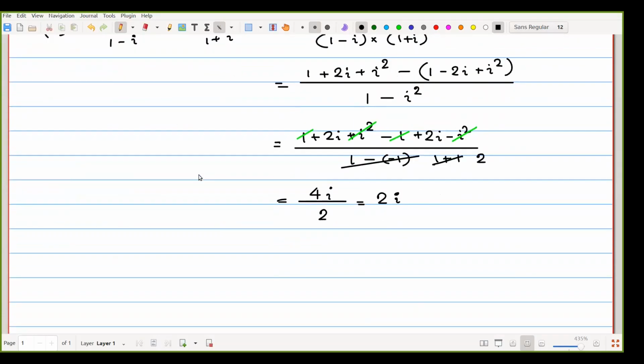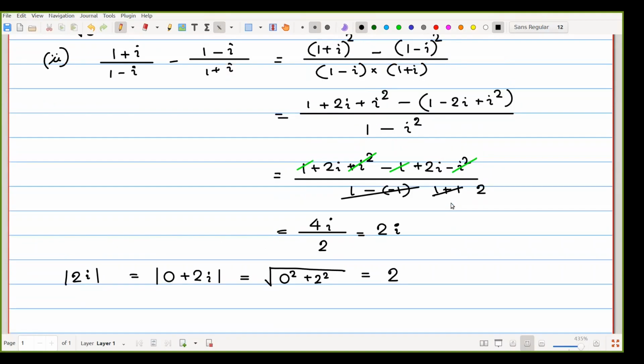That means we have to find out the modulus of 2i, which can be written as 0 plus 2i. So that is equal to square root of 0 square plus 2 square, or simply 2 is the modulus of that particular complex number.